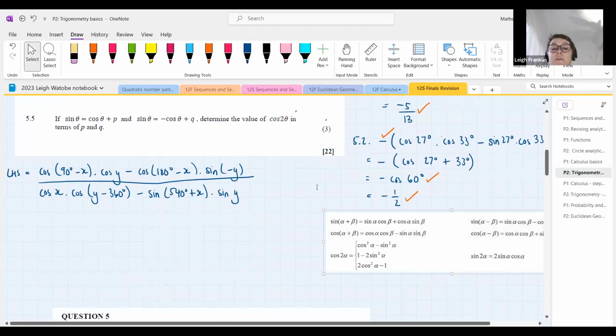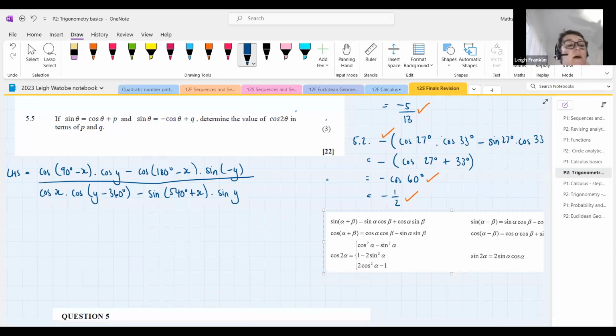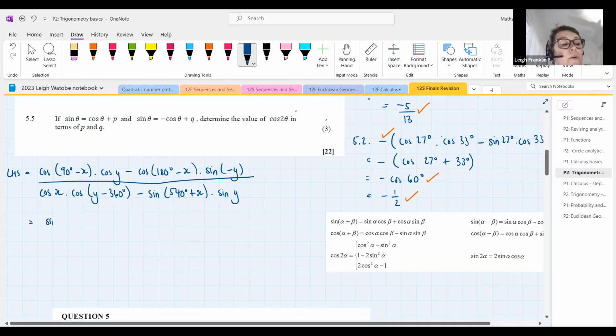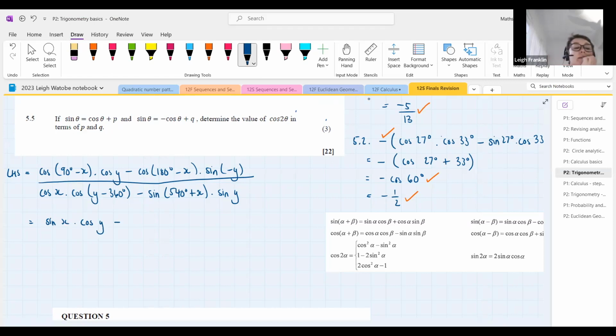All right, so there's just our formulae. We'll pop them over to one side. So what is cos 90 minus x equal to? Good, sine x, lovely. So that's equal to sine x. We can do nothing with the cos y, so we'll just leave it as it is. Cos 180 minus x, what's that going to reduce to?